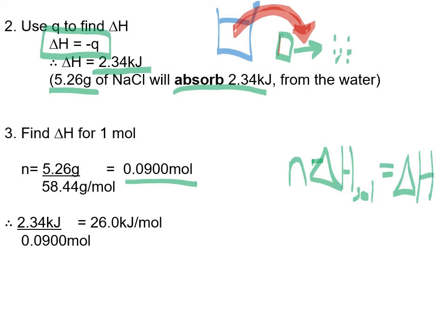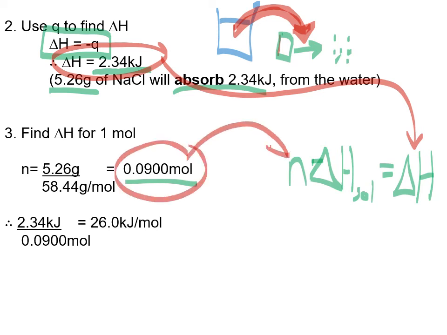So we have this delta H for the particular situation, the 5.26 grams of salt dissolving. We just figured out the moles, and so now we can take the delta H and divide by the number of moles, and that will give us our molar enthalpy.